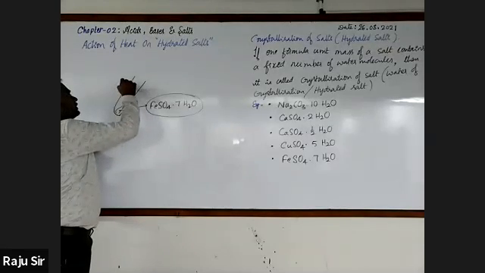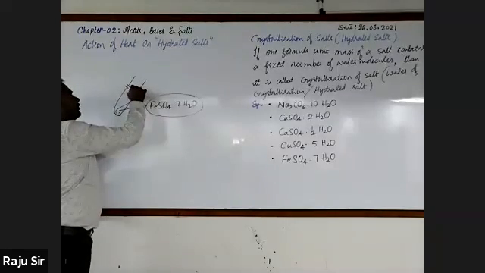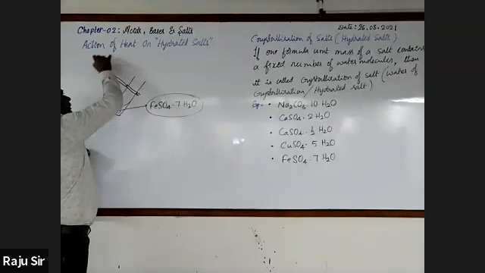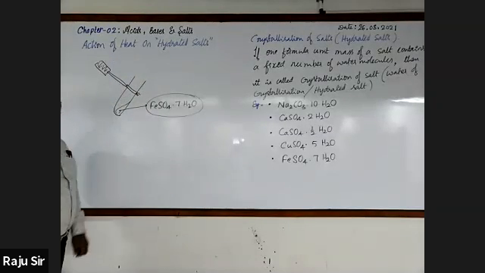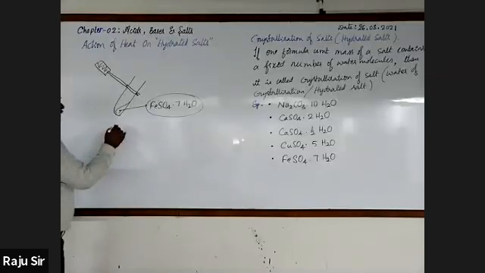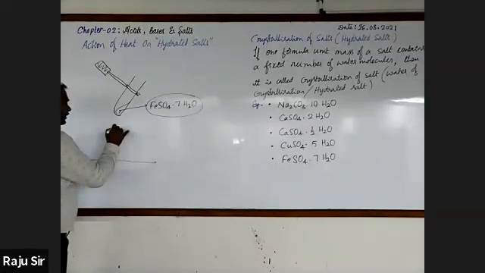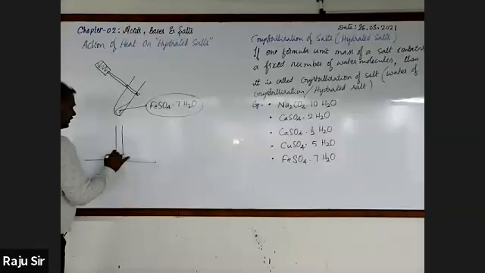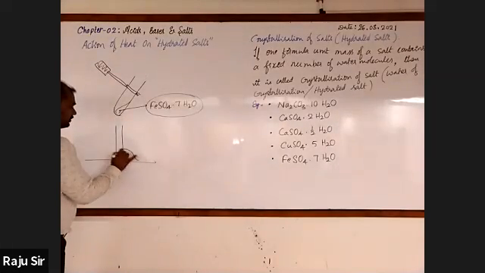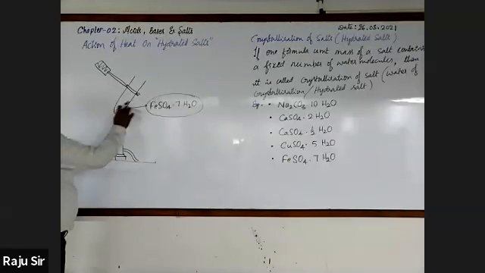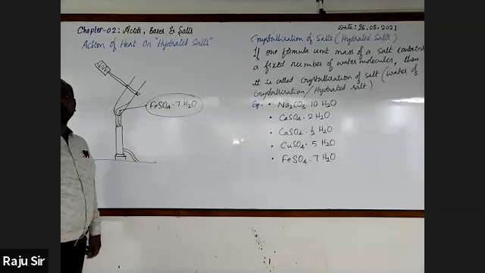Then fix it to the test tube holder. After that, it should be introduced into the Bunsen burner flame. Here I'll draw that. This is the Bunsen burner. Then start providing heat to the test tube containing hydrated iron sulfate.